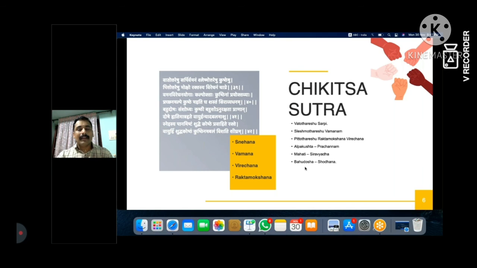So never think of Sneha as a first line of treatment for Kushta, even for Vataja Kushta, because if you misjudge it as a Vata predominant condition and apply Sneha in that condition, surely that will aggravate, and that will be a failure.